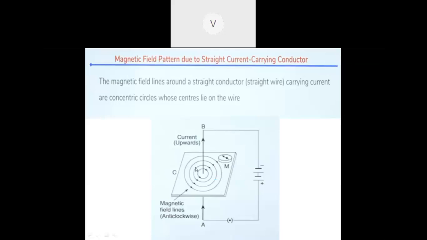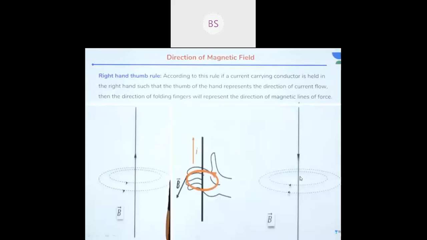Okay, so the next one is direction of magnetic field. So we should know now what the direction of magnetic field is. That is the right hand thumb rule. I am not mentioning Fleming's right hand or Fleming's left hand. I am just mentioning that it is a right hand thumb rule. Don't get confused. So what does the right hand thumb rule say?